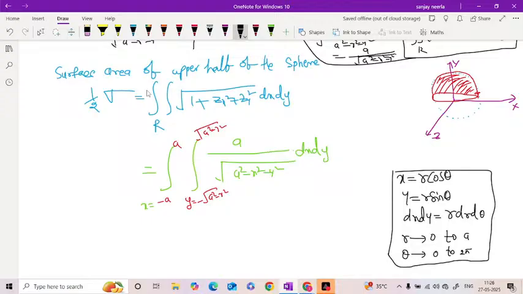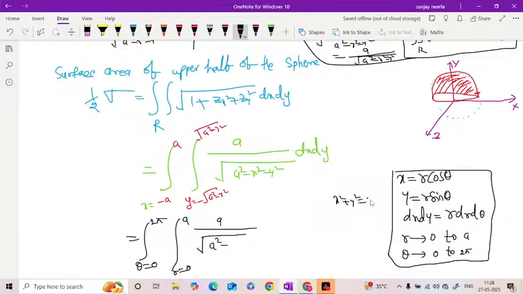Okay, now substitute all this. So integral theta is equal 0 to 2 pi, and r is 0 to a, and a by under root of a square minus, it is now x square plus y square, it is now r square. So r square into r dr and d theta.